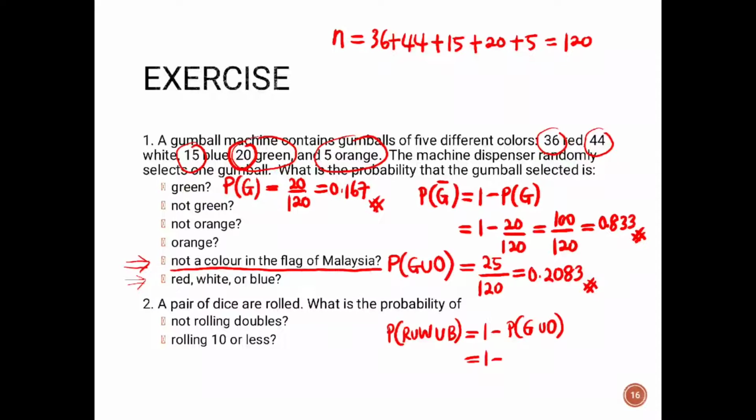So this is 1 minus 25 over 120, which is 95 over 120, and that is 0.79792.